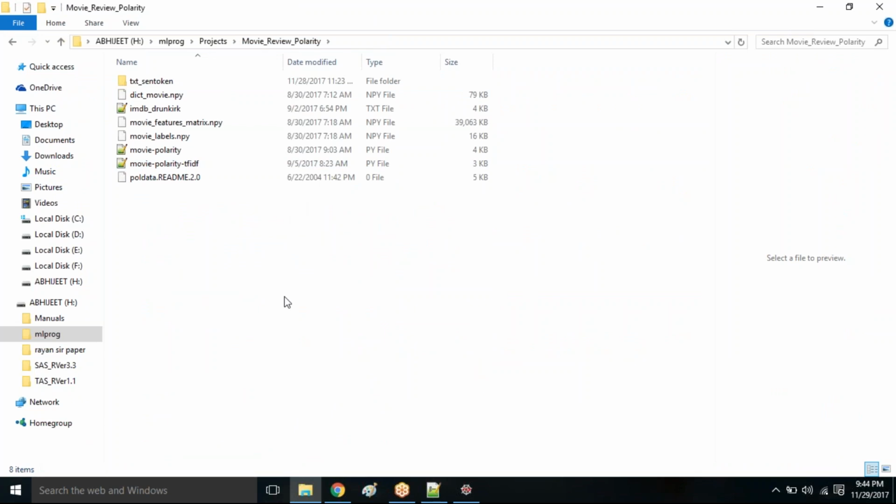Now, what is our target? Our target is, can we build some model from this data, positive and negative, so that for any given review, I can say whether this is a positive sentiment or a negative sentiment. It's a simple binary classification problem. You have 1000 positive reviews, you have 1000 negative reviews.